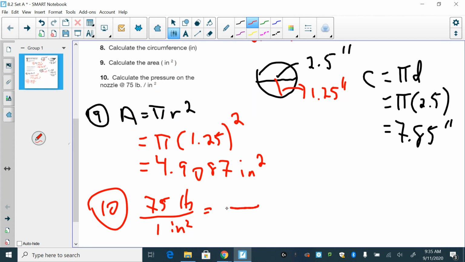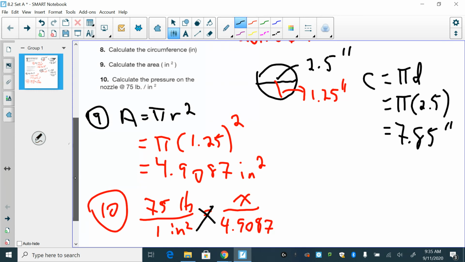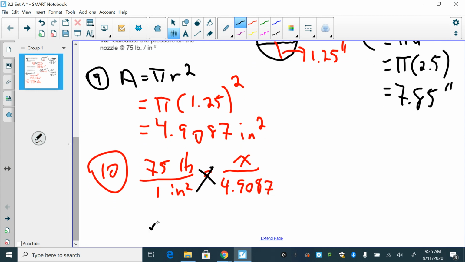So I have my answer in inch squares, 4.9087, and I'm solving for the pressure in pounds. I'm going to put X. All I'm going to do now is cross multiply and solve. I'm going to take that 4.9087, multiply it with 75, and I know that's 368.16, and it's in pounds.